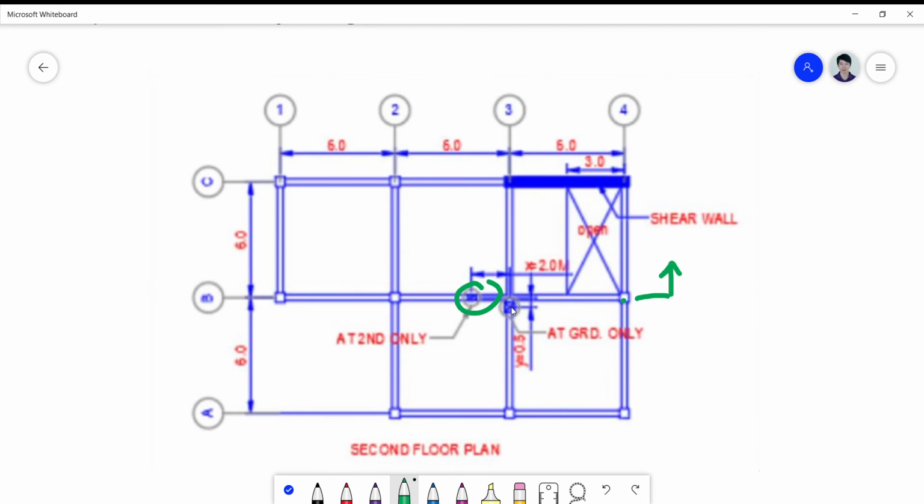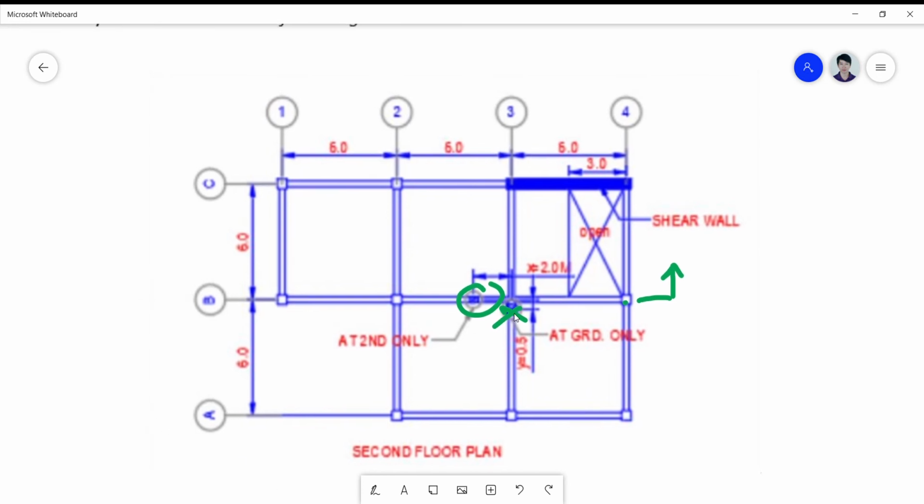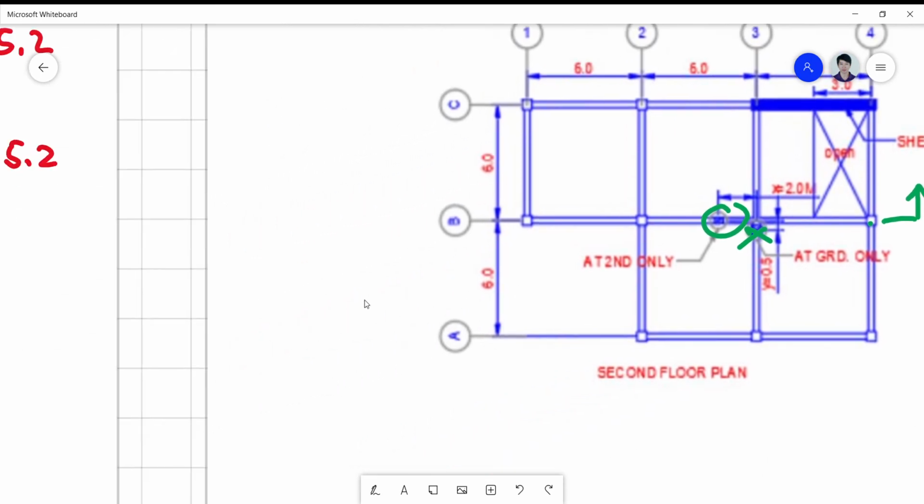So this column here, which is out of plane, is not a part of the frame B, so don't consider this. You only consider an in-plane discontinuity when it falls within the plane that you are actually analyzing. But if you can avoid this, it is much more practical to avoid it.